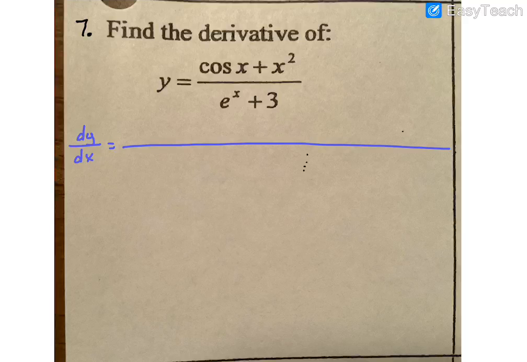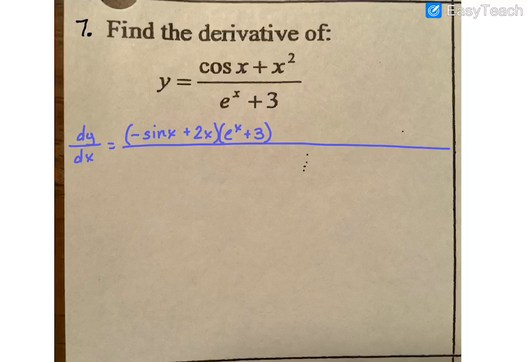So the derivative of cosine x is negative sine x plus the derivative of x squared is 2x. I'm going to put that quantity in parentheses. So that's the derivative of the numerator times the denominator as is. So times e to the x plus 3.